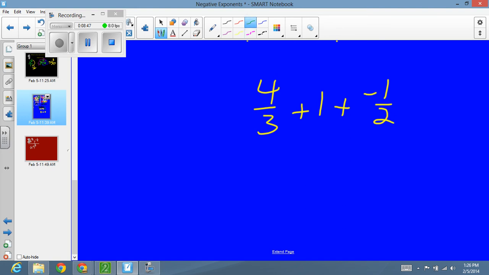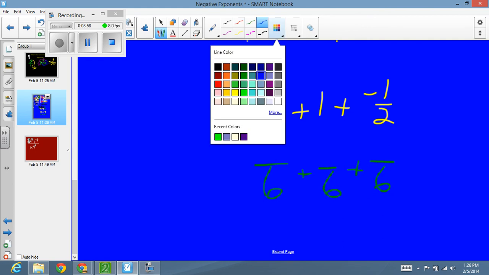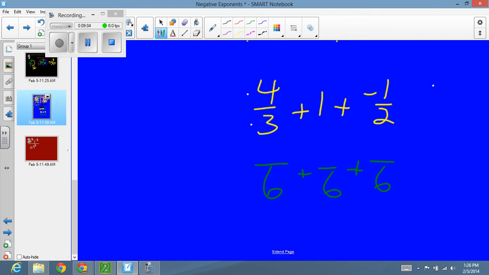I suppose I could use a denominator of 6 for all these. To change 4/3 to a denominator of 6, I would have to multiply top and bottom by 2. That's going to leave me with 8/6.